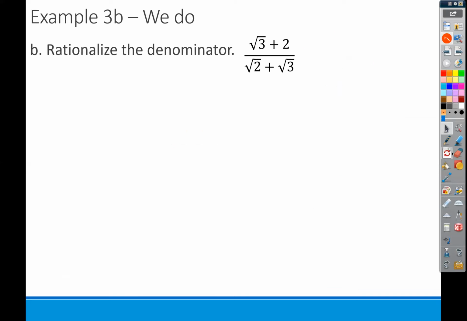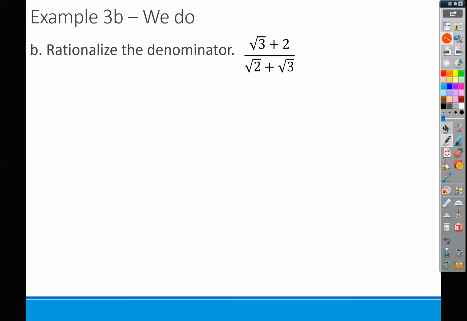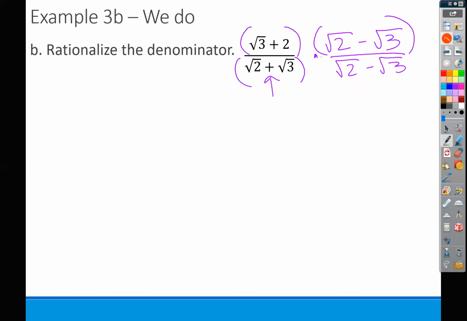Okay, now we're going to rationalize this. So it's a binomial, so you multiply it by the conjugate, right? So we're going to say the square root of 2 minus the square root of 3. So you multiply it by the conjugate of the denominator. So let's multiply all this. So we're going to have to distribute. So the square root of 3 times the square root of 2 is the square root of 6.